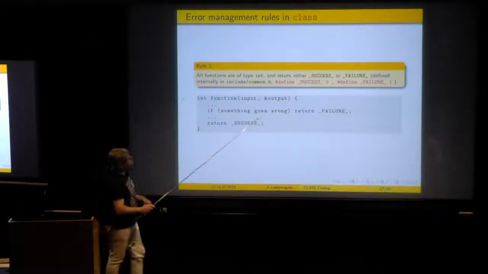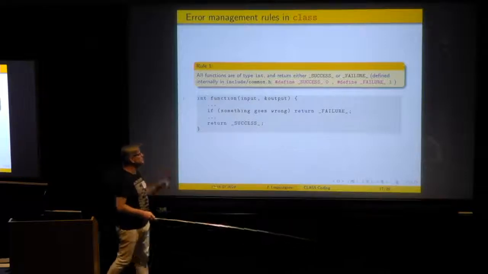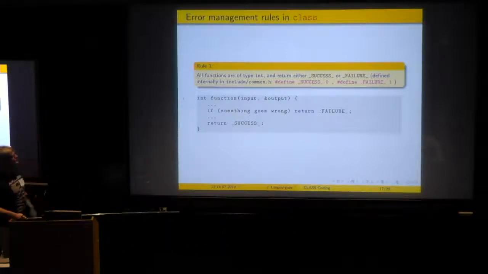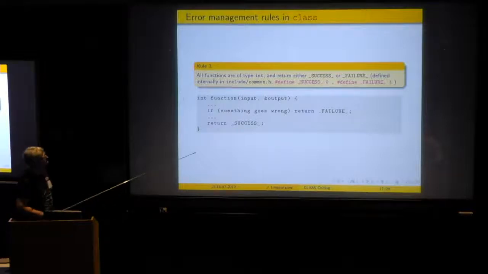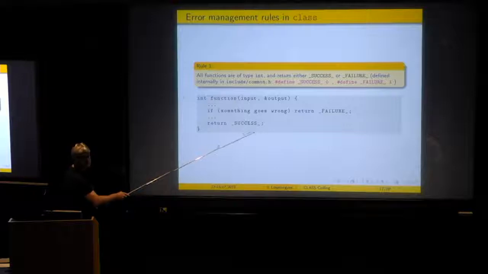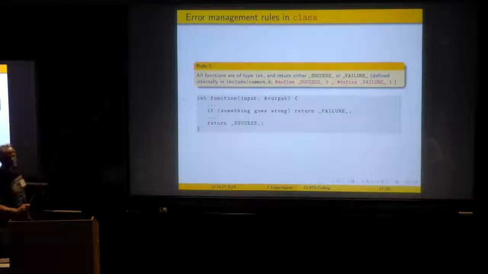So success and failure are defined somewhere in command.h. They happen to be 0 and 1, but this you can forget, because you will always use the words success or failure. So at the end of a function, you always have the return success. But in the middle, there are some tests, and if the test does not work, there is a return failure. So this is rule 1.